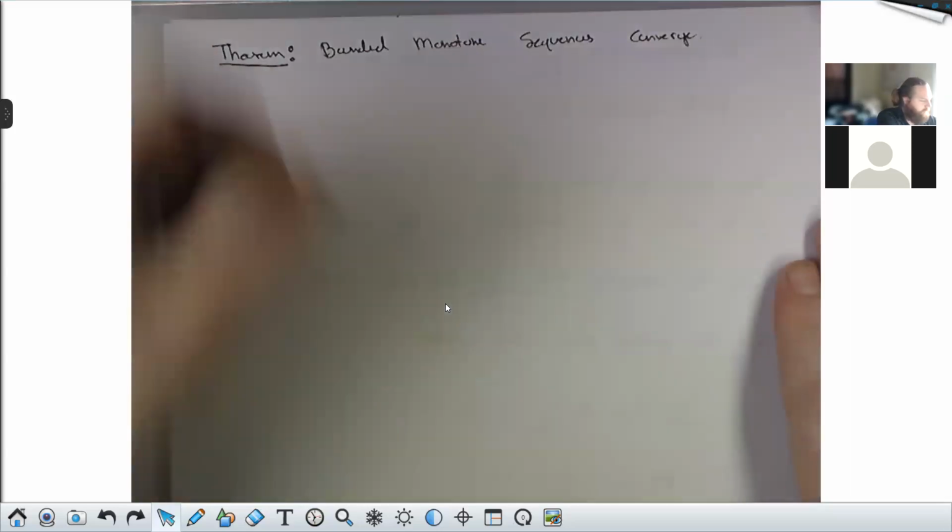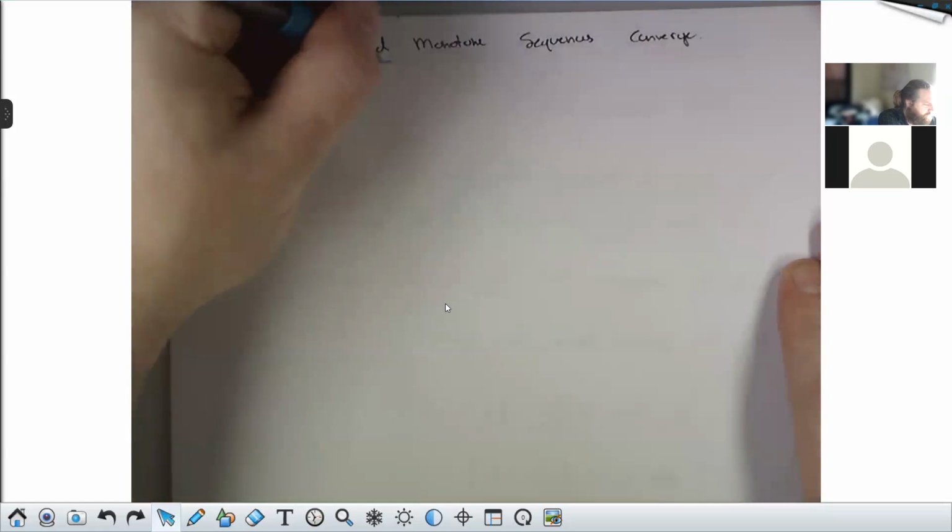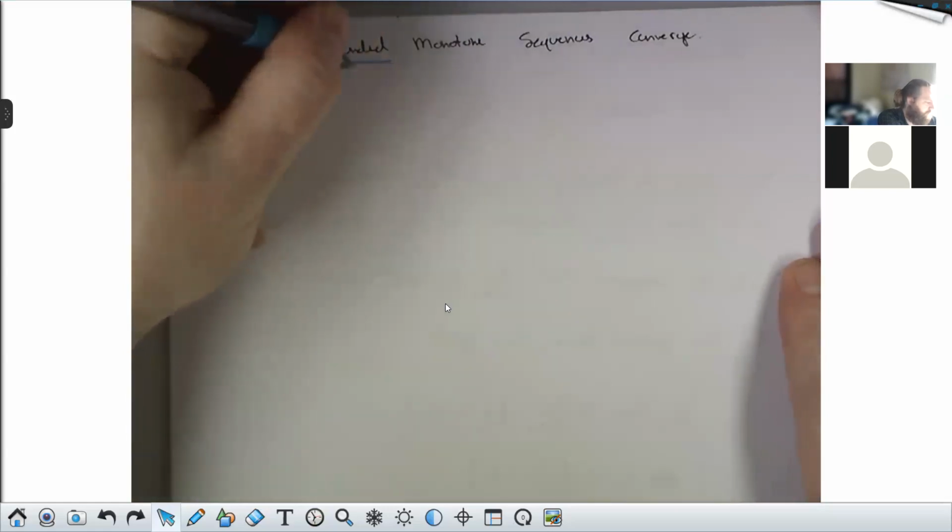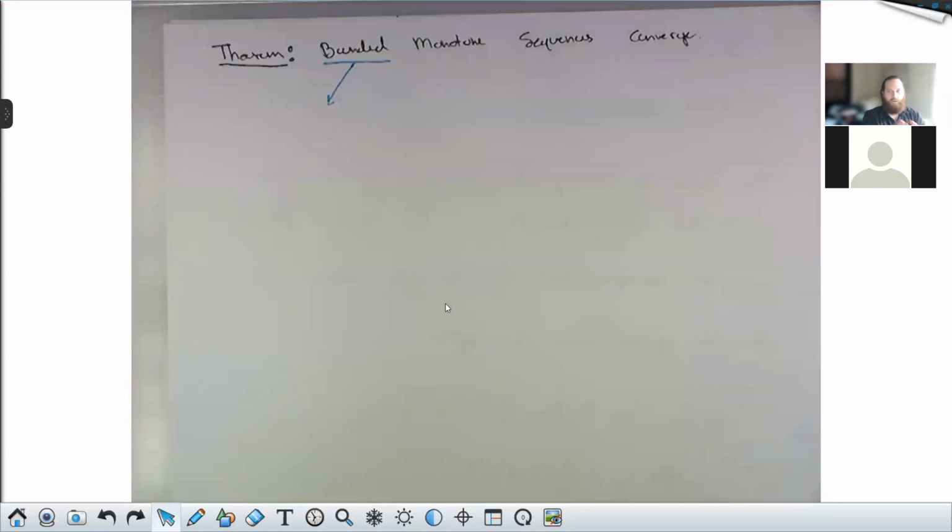The word bounded in the context of a sequence, if you think about what the word bounded means in English, it means that there is a boundary, a thing you can't get out of.